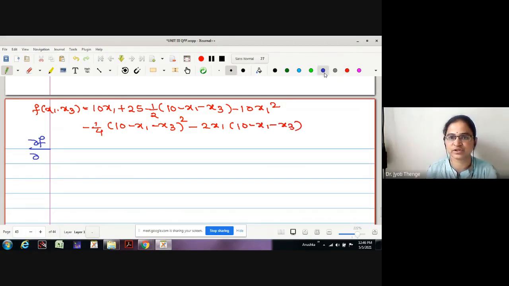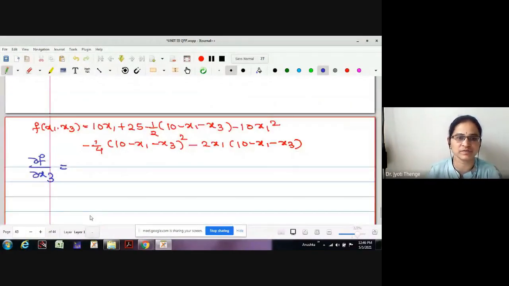And this is the objective function. Let us differentiate with respect to x3 now. Right now, we were differentiating with respect to x1. Now we differentiate with respect to x3.